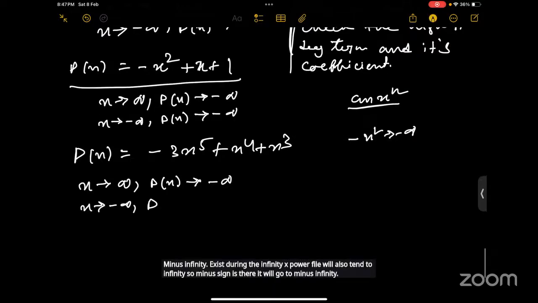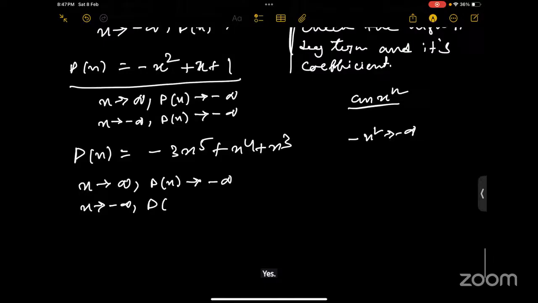And as x goes to minus infinity, it will go to plus infinity.